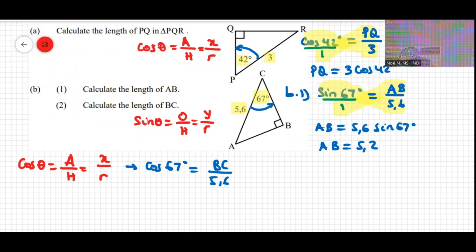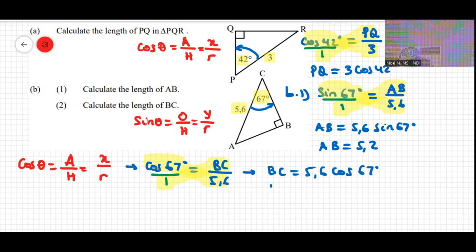Over here we have a denominator of 1, and then we can cross multiply. We do 1 times BC, and all this times 5.6. So BC will be equal to 5.6 multiplied by cos of 67 degrees.